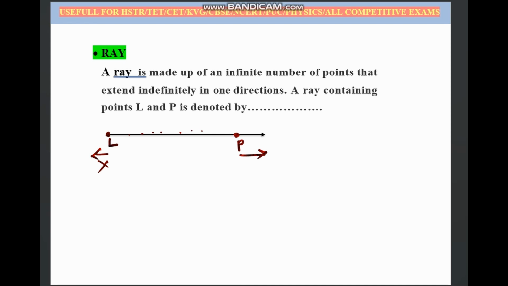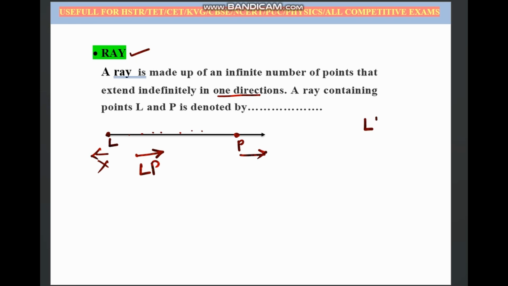Means a ray increases only in one direction. So how to denote this ray? L is not increasing, so I will keep this end as it is. P goes on increasing, so I will extend from P. This is called ray LP.